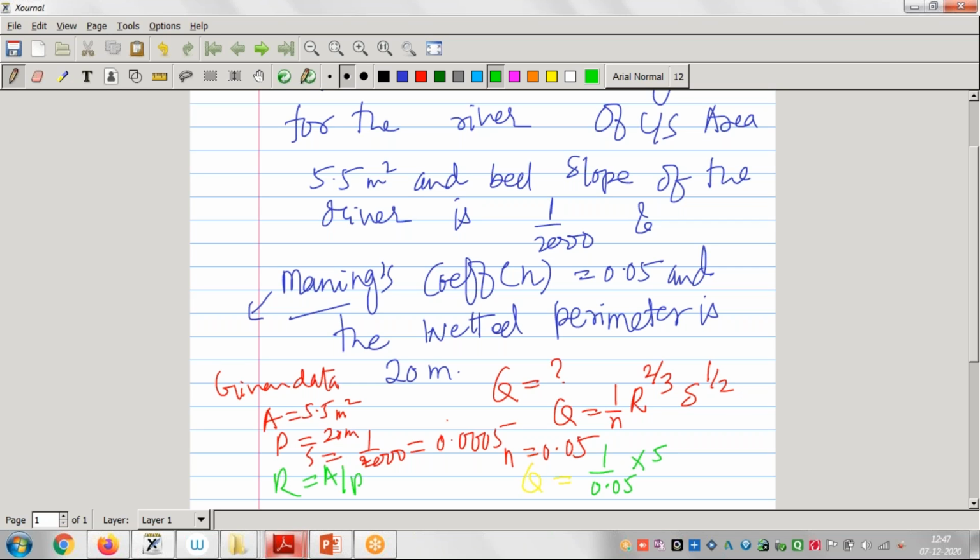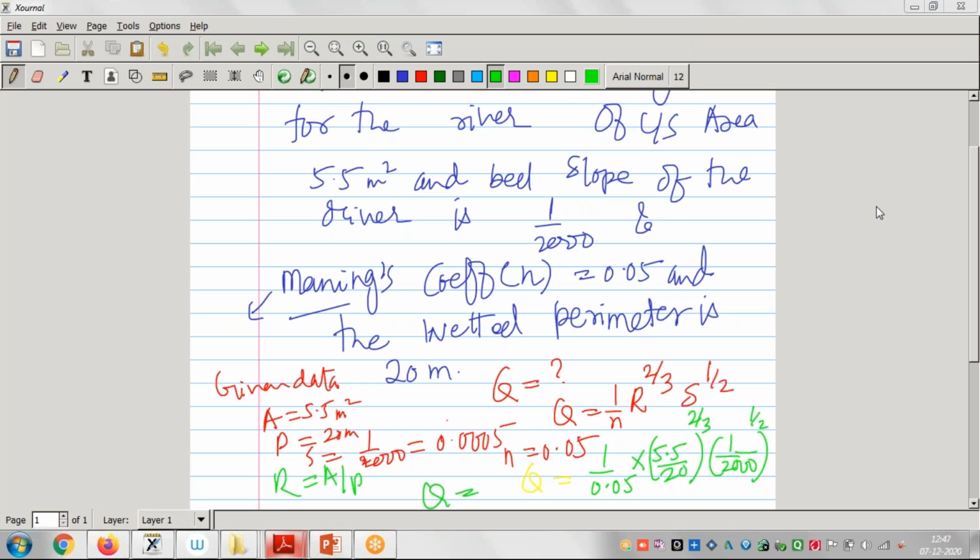So area 5.5 divided by perimeter 20, raised to the power 2/3, and the bed slope we can directly put as 1 upon 2000 raised to the power 1 by 2. Through that we can calculate the discharge. This type of problem may come, so you must be able to solve this.